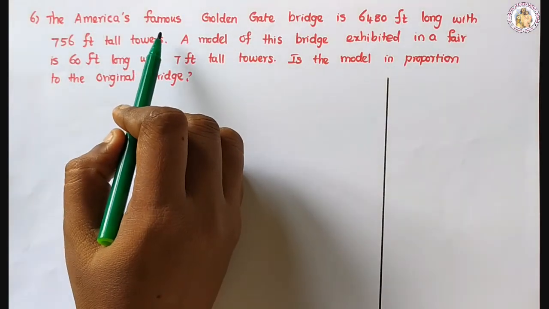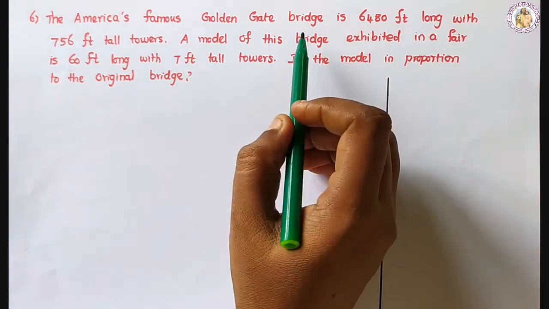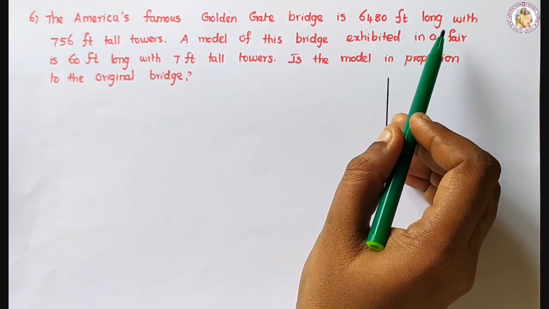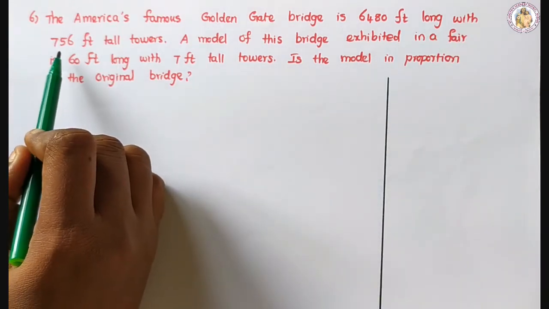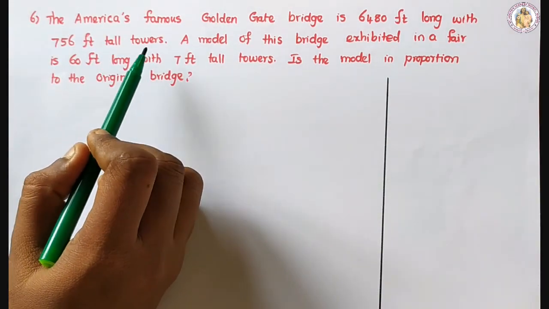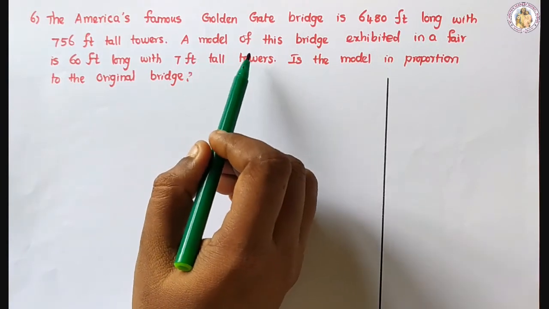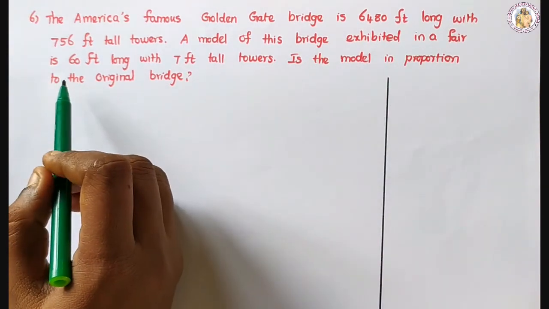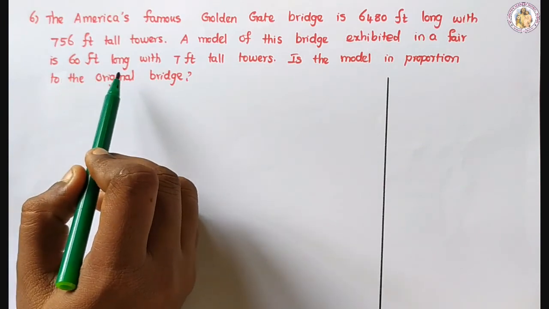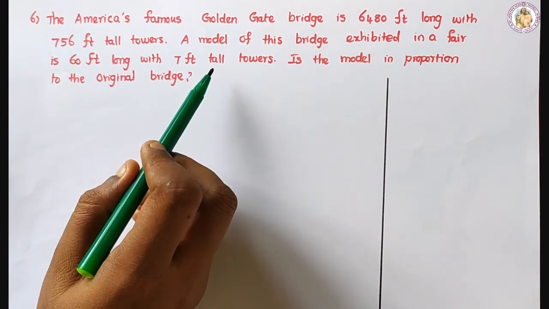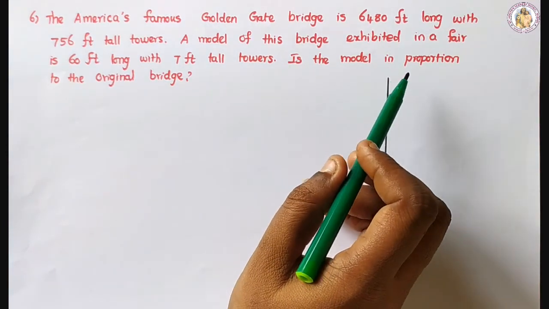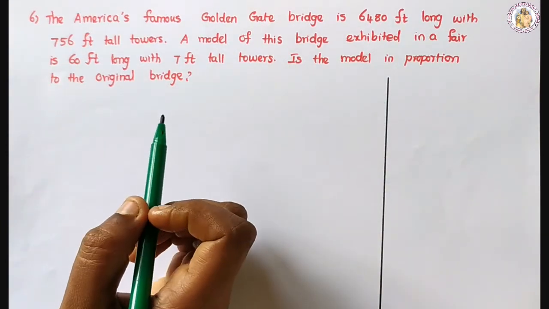Sixth one. America's famous Golden Gate Bridge is 6,480 feet long with 756 feet tall towers. A model of this bridge exhibited in a fair is 60 feet long with 7 feet tall towers. Is the model in proportion to the original bridge?